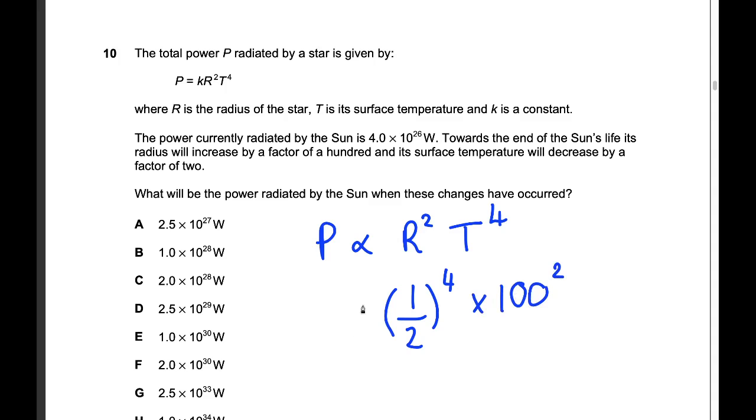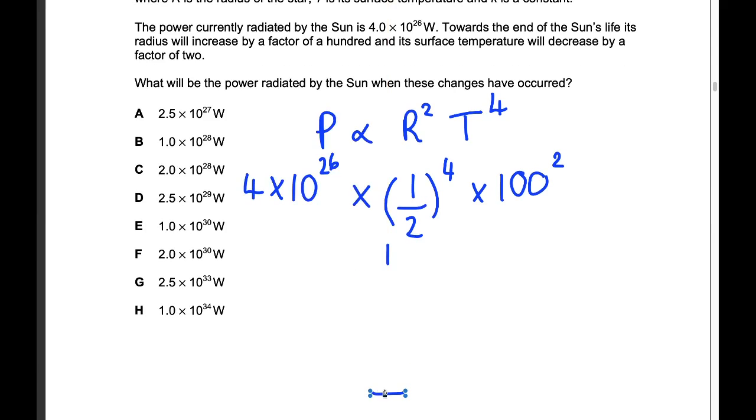So we can just multiply our old power, 4 times 10 to the 26, by this change. Okay, so 1 over 2 to the 4 is going to be 1 over 16, and times 100 squared, which I'm going to call times 10 to the power of 4.